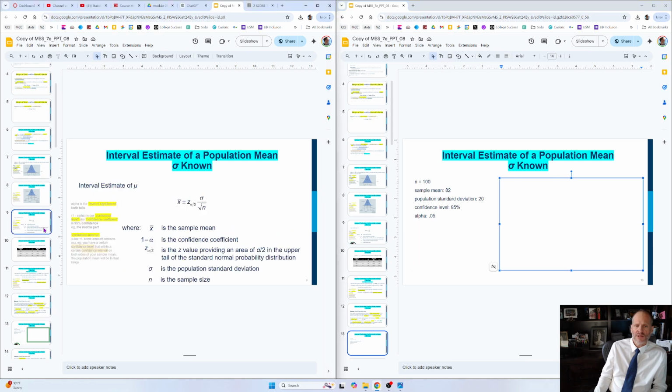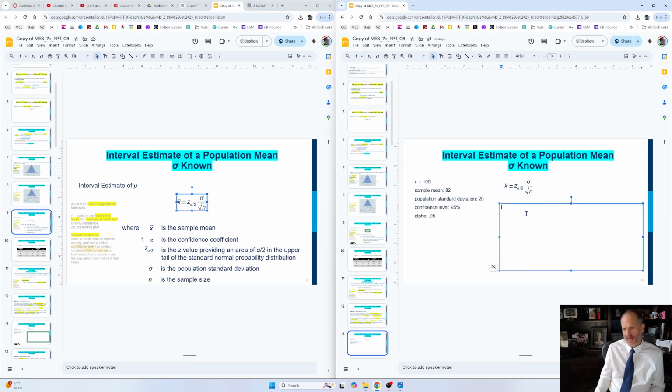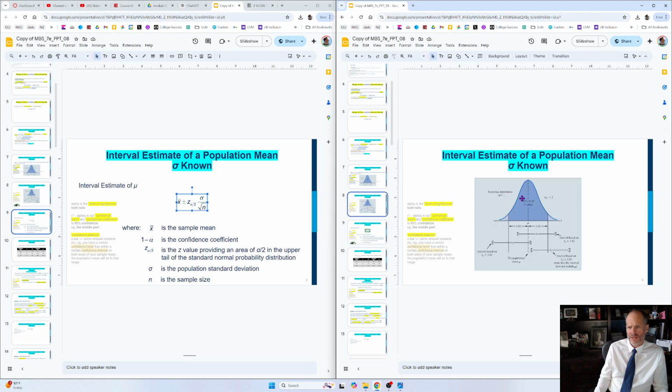And to figure that out, we use this formula here. So we have x bar, and we could copy this and bring it over. So there's the formula we're going to use: x bar plus or minus z subscript alpha over 2. So at the 95% confidence level, we're going to have 5% distributed between these two tails.